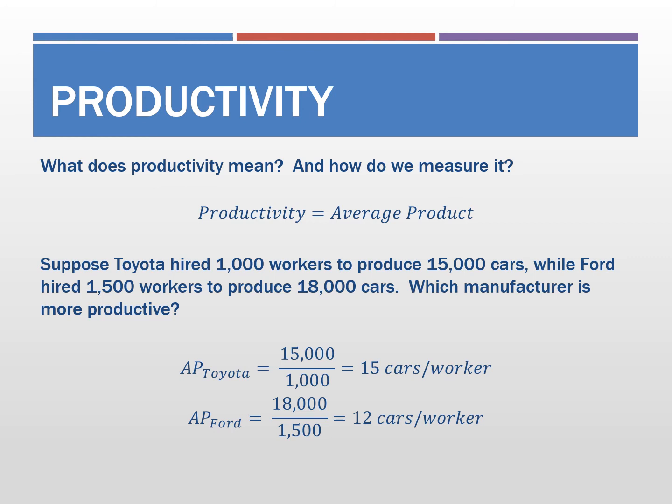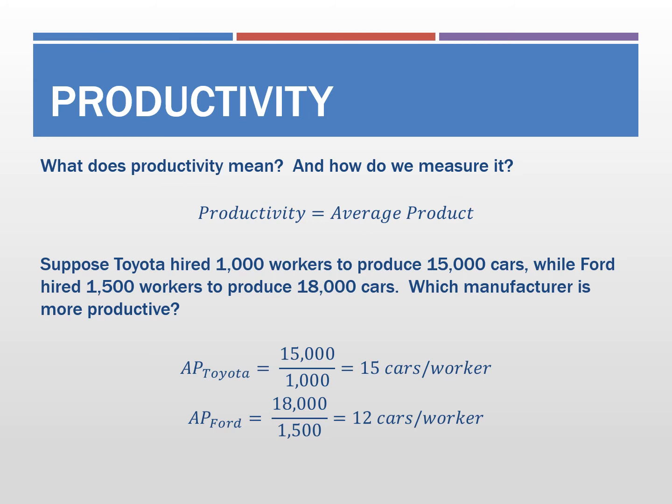In this case, in Toyota, the total number of cars they produce is 15,000, divided by the total number of workers, which is 1,000 workers. Each worker can produce 15 cars in the Toyota plant.